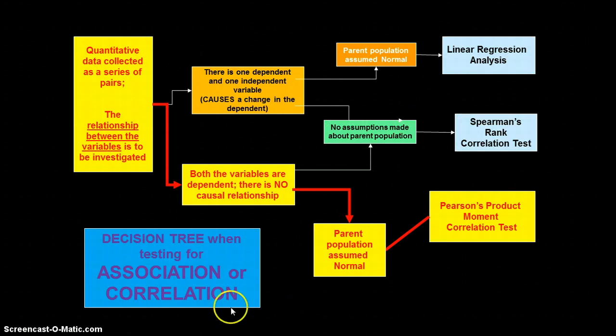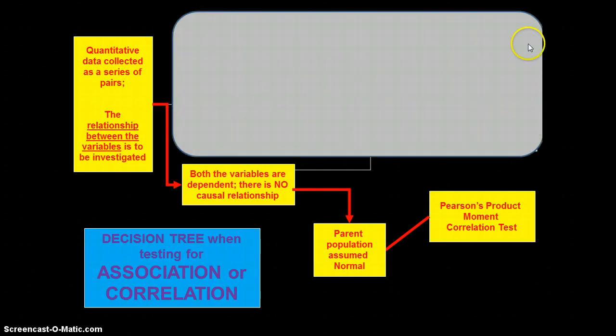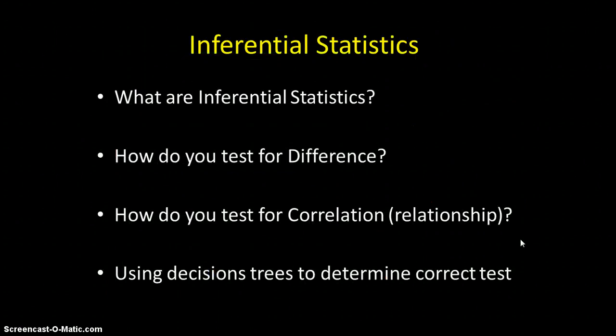And again, we've got a decision tree that we use. We can ignore those irrelevant sets of data. So from here, going this way, we're assuming normality, and it's likely therefore that you'll use Pearson's product moment correlation coefficient test.